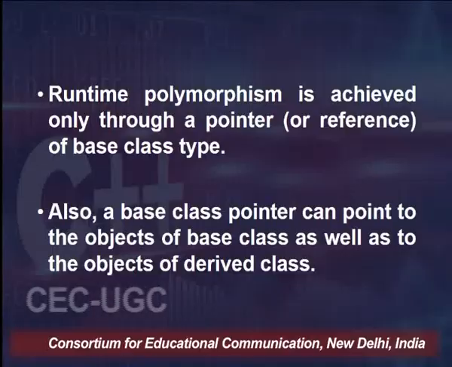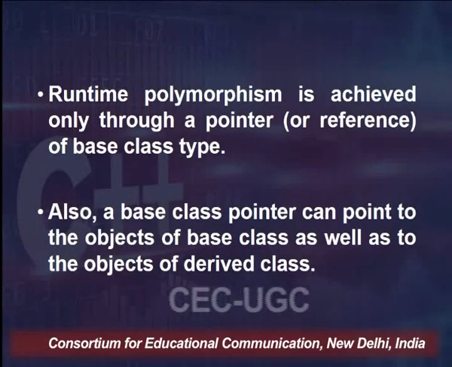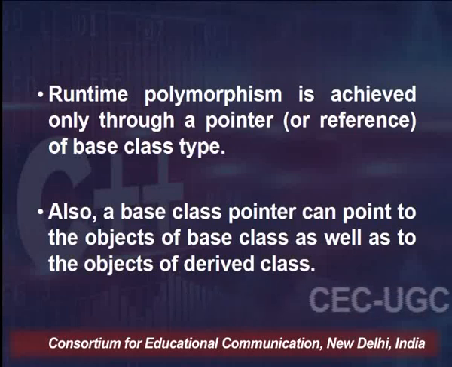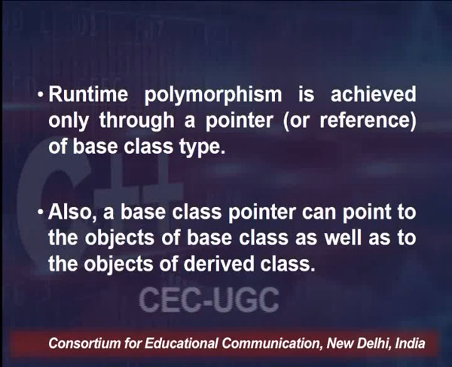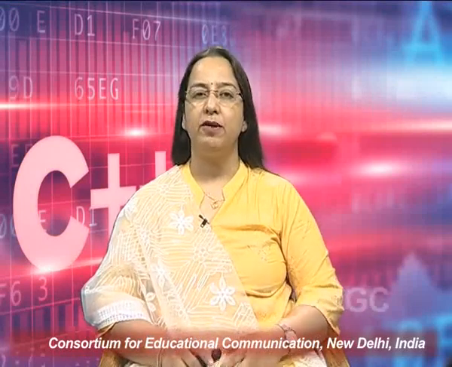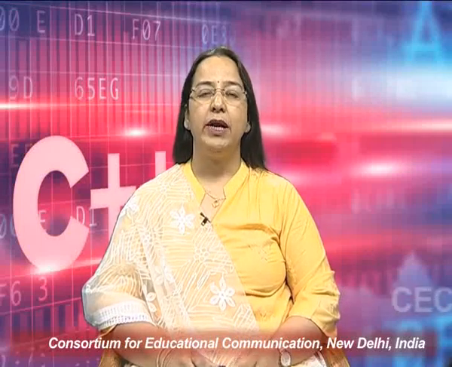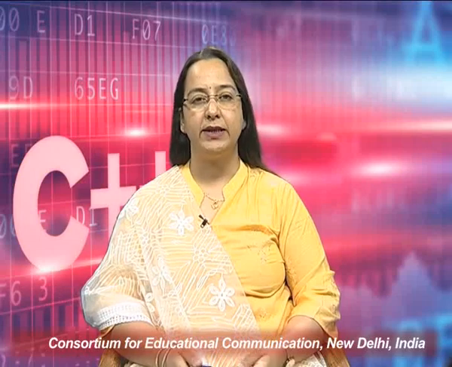So here we can say runtime polymorphism is achieved only through a pointer, or it could be a reference, and we have seen in our previous lectures that we can use runtime polymorphism either by taking the pointer of the base class or by using a reference to the base class type.